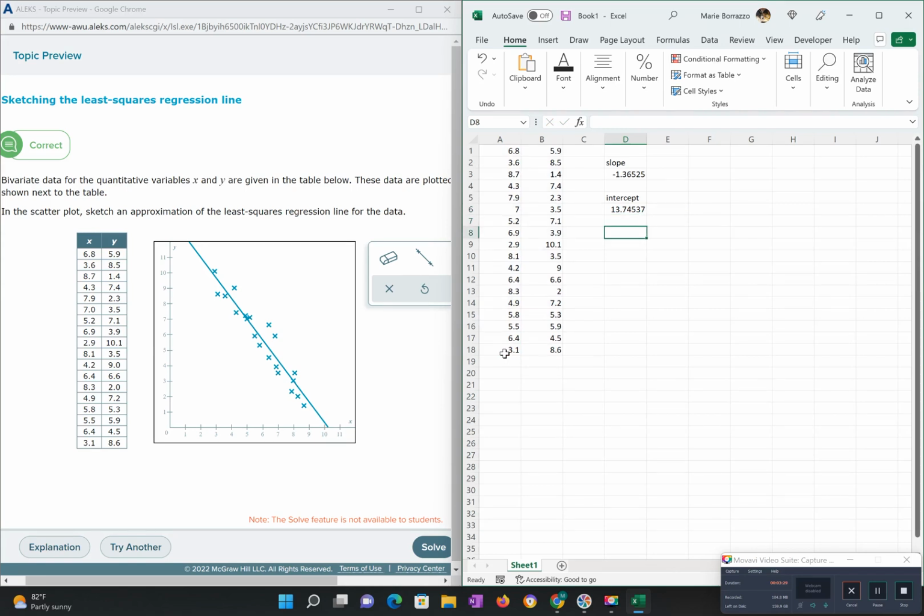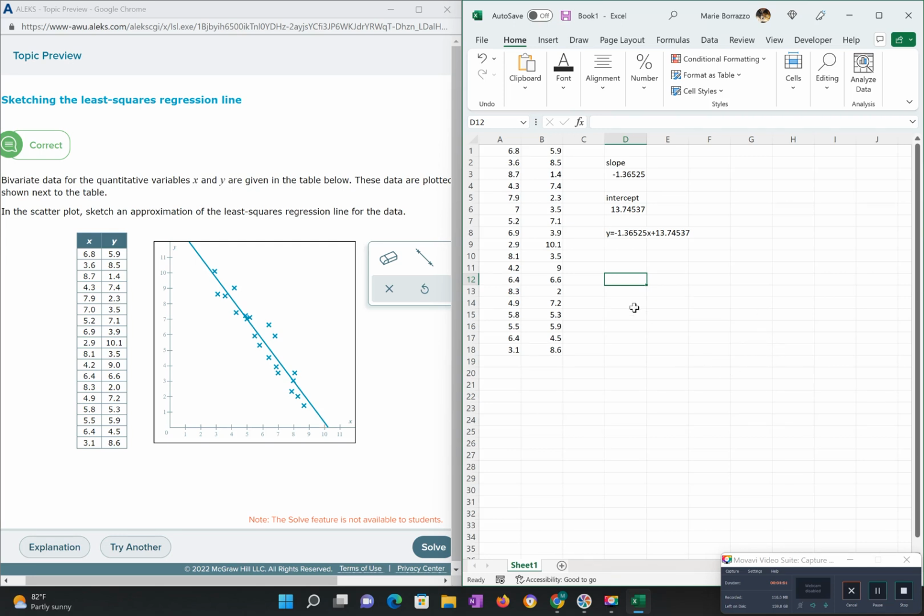So this line is technically y equals, the line that I just drew on the left hand side is y equals negative 1.36525x plus the intercept, which is 13.74537. That is the actual value or the actual line that you see right here.